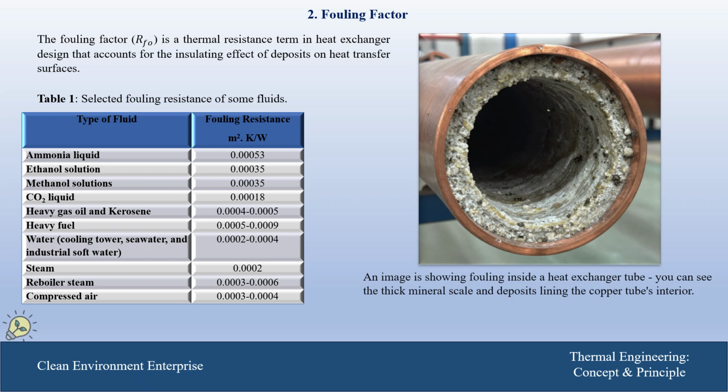For heavy fuel, it ranges between 0.0005 and 0.0009, and for steam it is 0.002. And these values, of course, depend on the fluid, usually the nature of the fluid which passes through the heat exchanger, and the operating conditions such as temperature, for example.